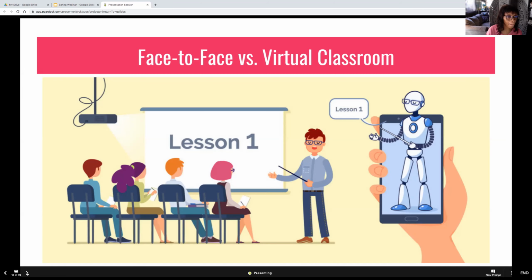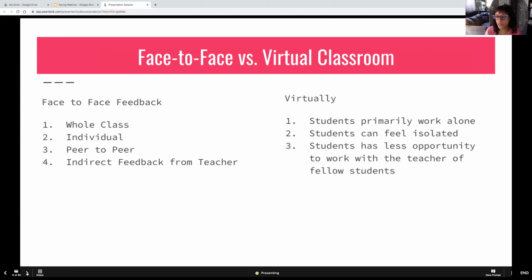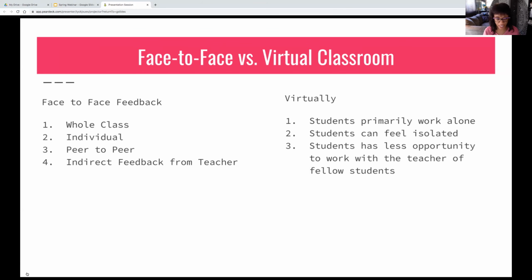Face-to-face normally takes place in several different ways. Whole class instruction, one-to-one individual instruction, peer-to-peer, that's normally in small groups, or indirect feedback from the teacher. What do I mean by that?